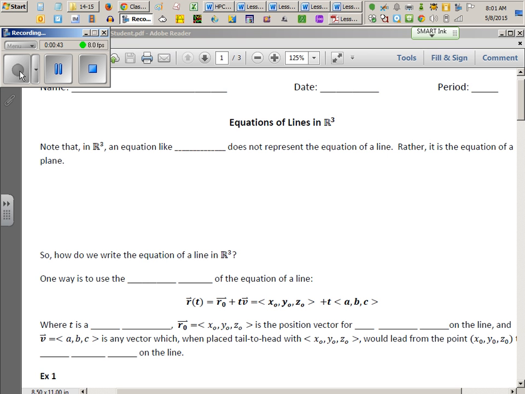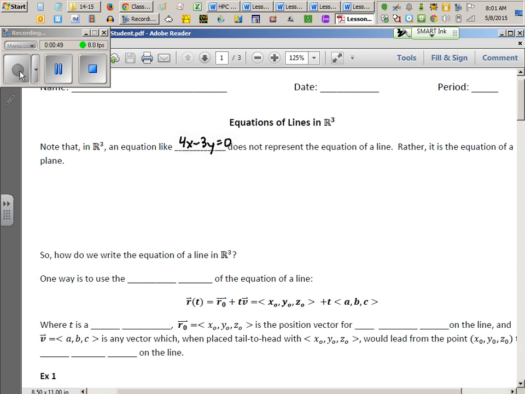You know that a line like 4x minus 3y equals 0, or you could say y equals 4/3 x, same thing, is just a line in regular xy axes. But it is not a line if we're talking about 3D.